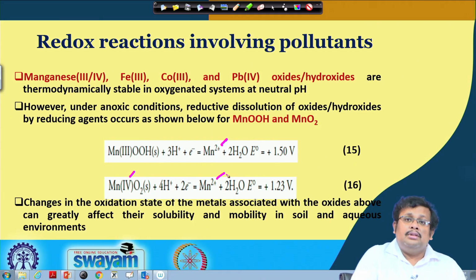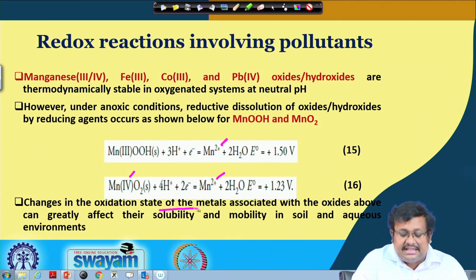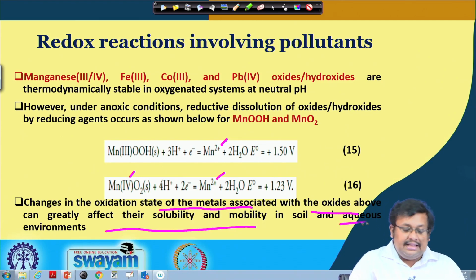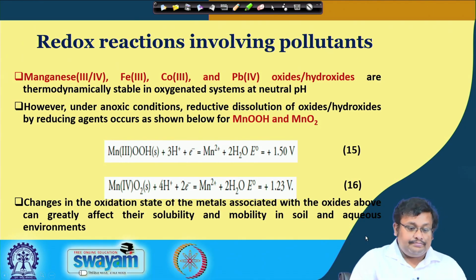You can see in both these conditions the oxidation number gets reduced, that means they are getting reduced. So, changes in the oxidation state of the metal associated with the oxides can greatly affect their solubility and mobility in soil and in the aqueous environment. How this happens we will see.